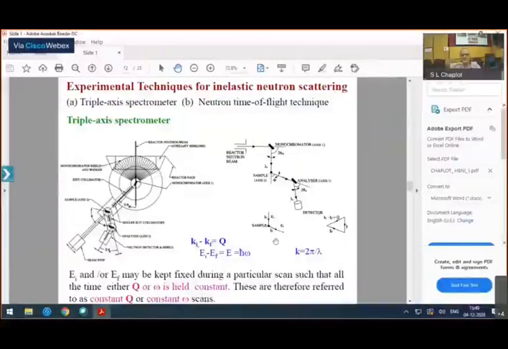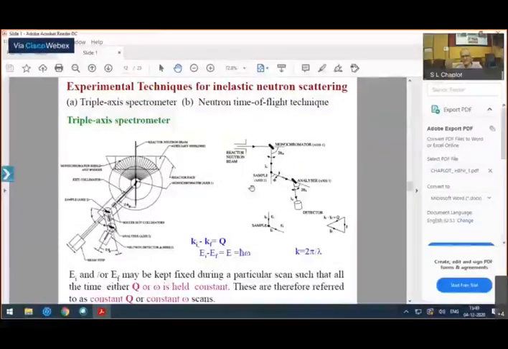This is a schematic of a so-called triple axis spectrometer, where there are three axes: the monochromator axis, the sample axis, and the analyzer axis, where movements are possible, and such a spectrometer has a large number of motors. These are more details; maybe we'll come back later. You have neutrons coming from a reactor, and then there's a large monochromator drum, a sample stage, an analyzer stage, a detector, and so on.